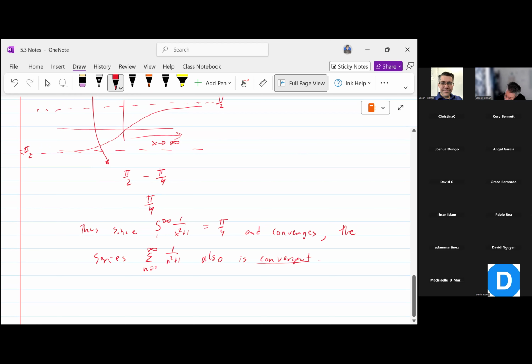So this is convergent by the integral test.